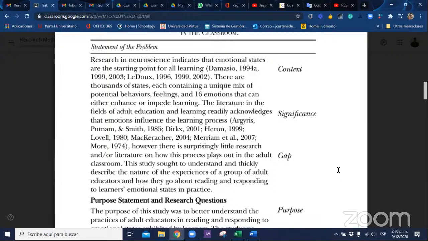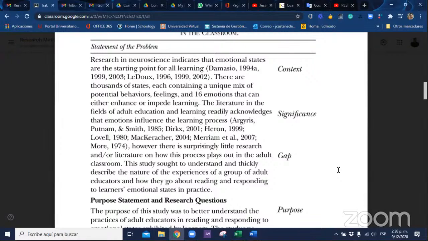The literature in the fields of oral education and learning readily acknowledges that emotions influence the learning process. However, there is surprisingly little research and or literature on how this process plays out in oral classroom. This study sought to understand and describe the nature of experiences of a group of photo educators and how they go about reading and responding to learners' emotional states in practice.